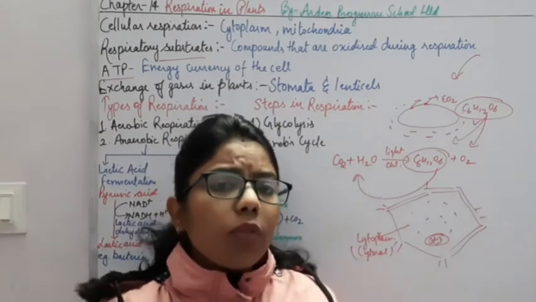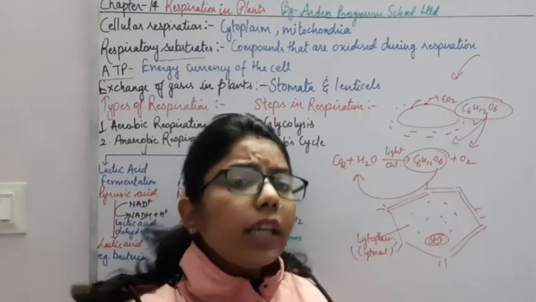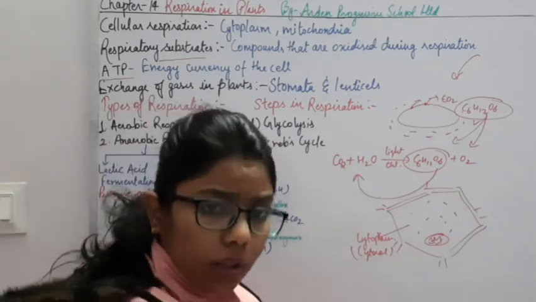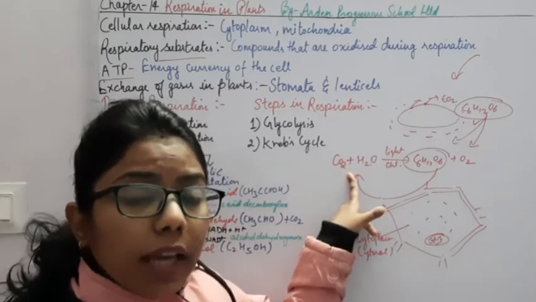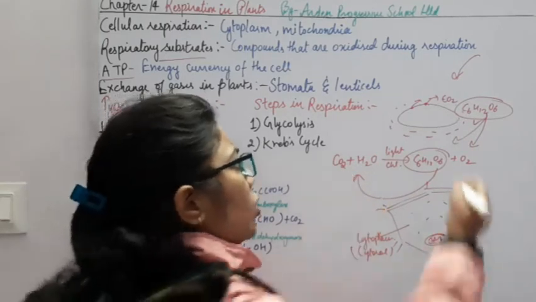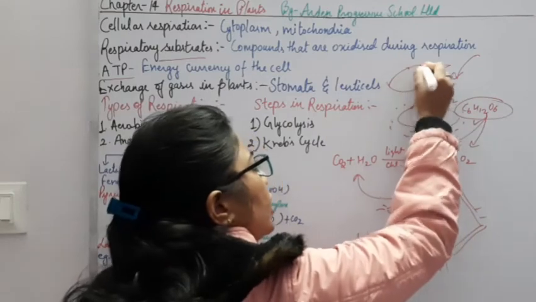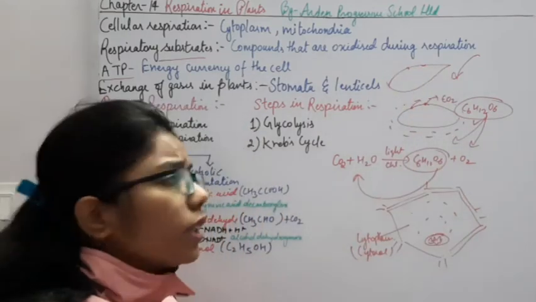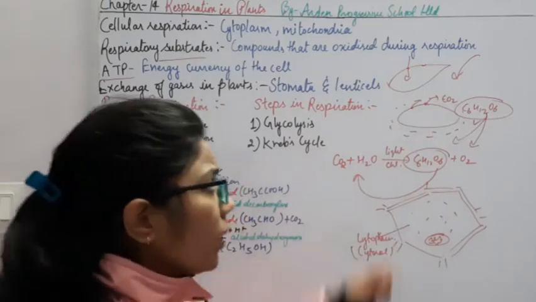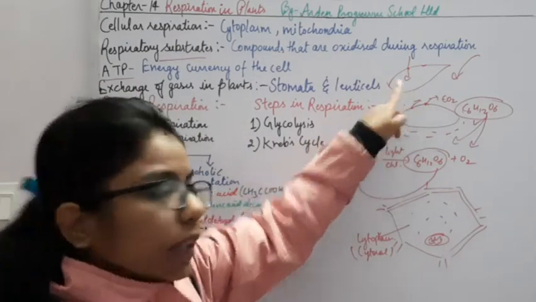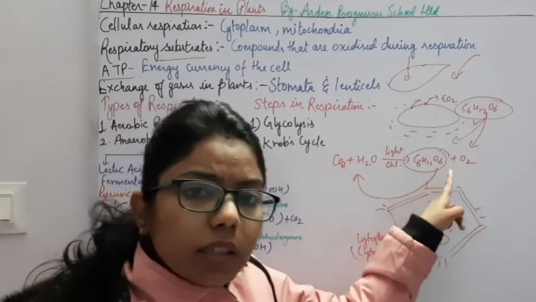And in plants, we know that oxygen and CO2 get inside the leaf with the help of stomata. In leaves, stomata are present, and with their help the CO2 enters the leaves, and due to this the plant synthesizes its food.